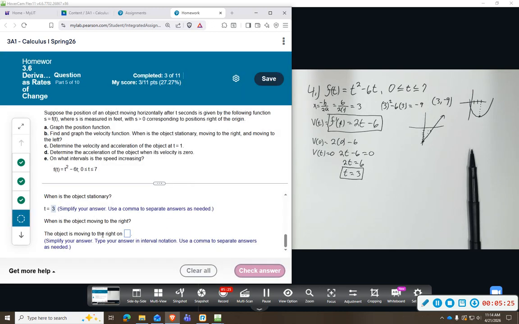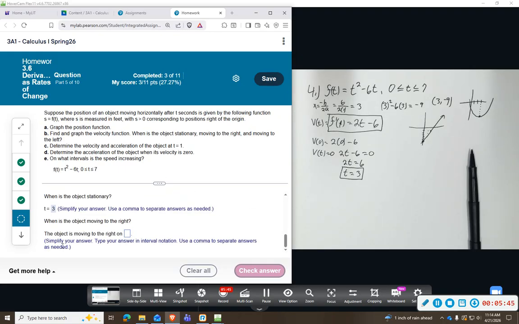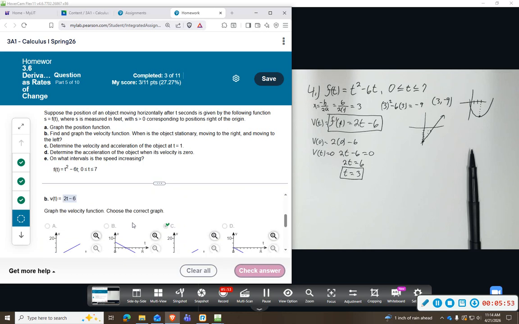The object is moving to the right on blank. Again, up here it told us that the position function s is measured in feet, with s greater than 0 corresponding to positions to the right of the origin. We are asking on which interval the object is moving right.